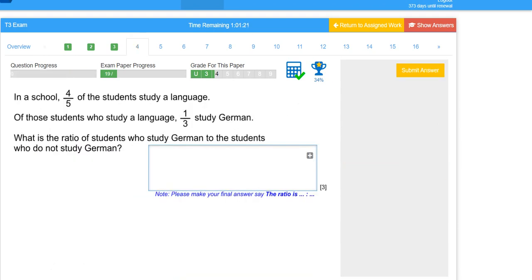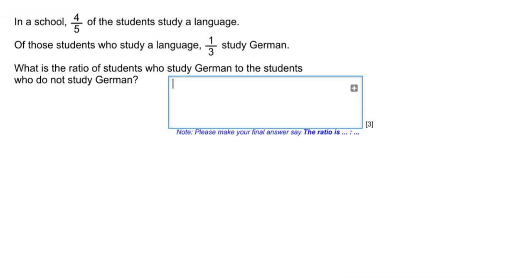Question 4 is a ratio question. It's combining ratio and fractions. There's several ways of doing this. We could do it with a bar model, and that's the good method. I'm going to show you how to do it just using fractions by themselves. So here, 4/5 of the students study a language.